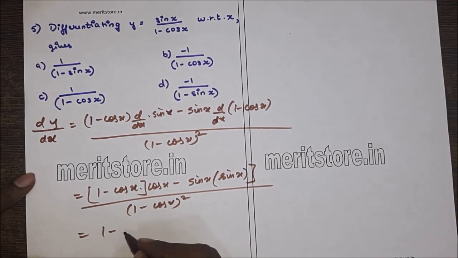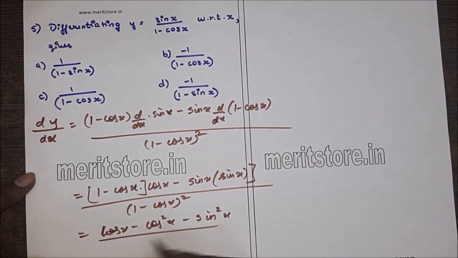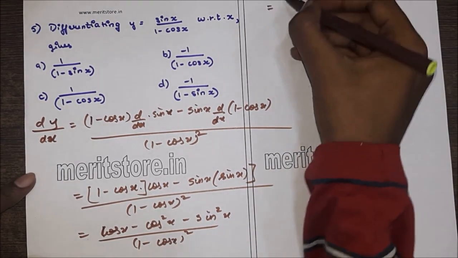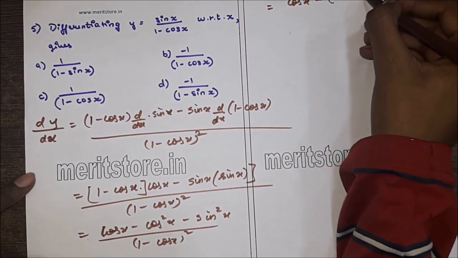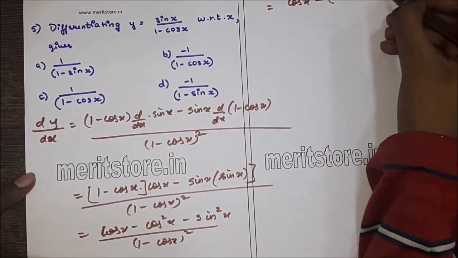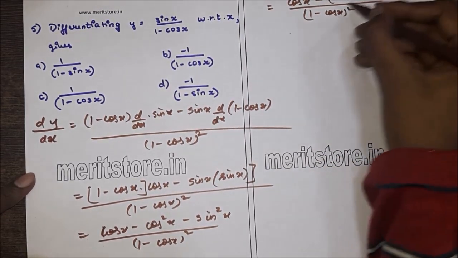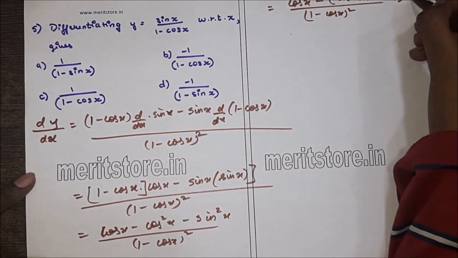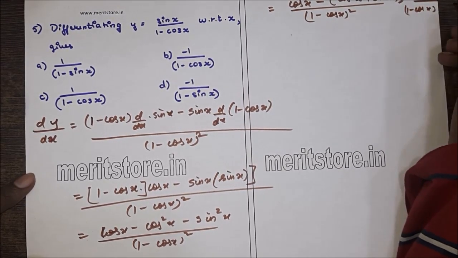Expanding the brackets, we get cos x minus cos square x minus sin square x upon 1 minus cos x the whole square. Cos square x plus sin square x is 1, so we get cos x minus 1 upon 1 minus cos x the whole square.